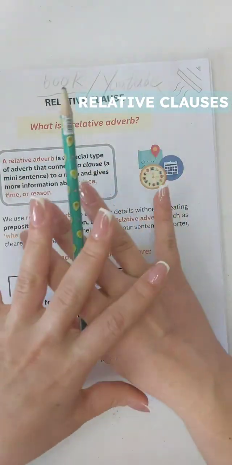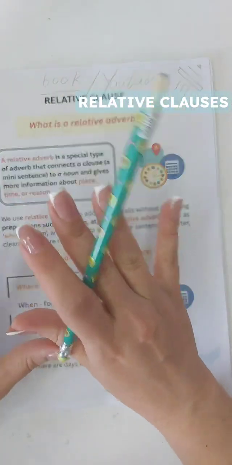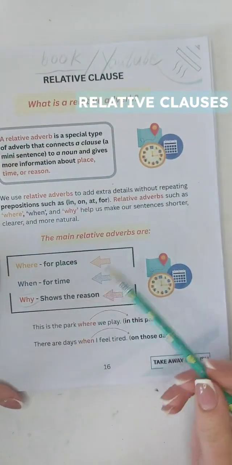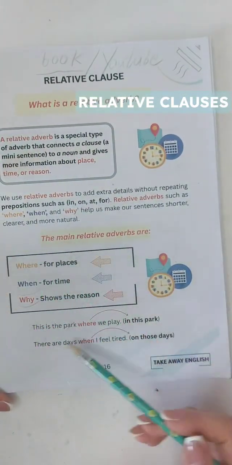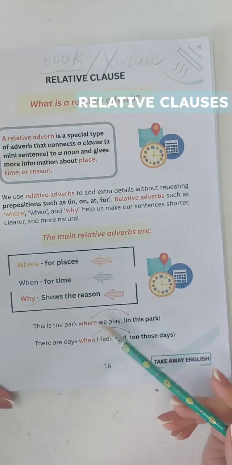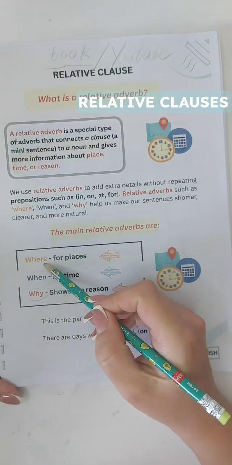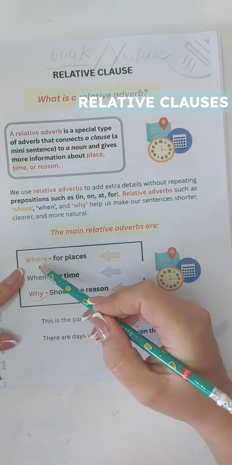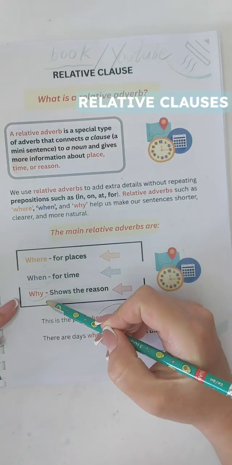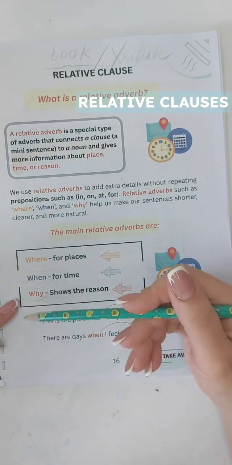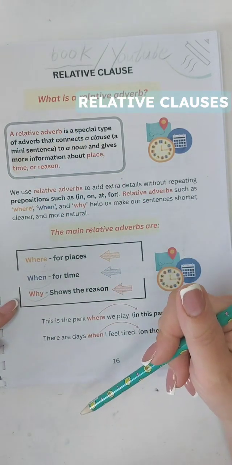We covered all the relative pronouns and we've learned relative adverbs. They work in the same way as who, which, and that. Where, when, and why work exactly the same as who, which, that.